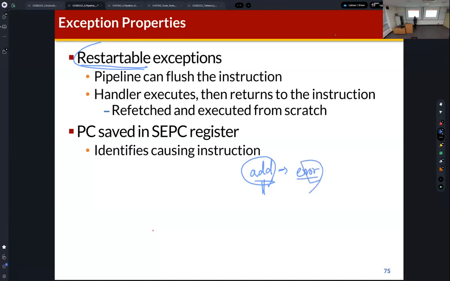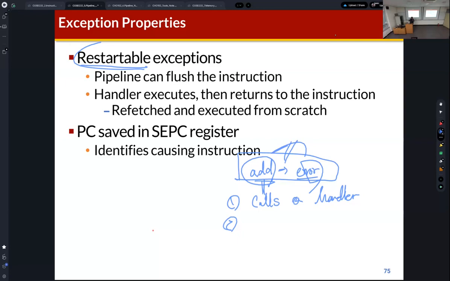But if this exception is a restartable exception, then firstly the handler is called, and after the handler is executed, the same instruction is fetched again.